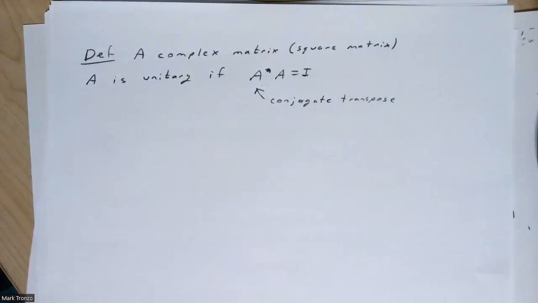And just like we talked about before, it means the transpose of the matrix and taking the conjugate.